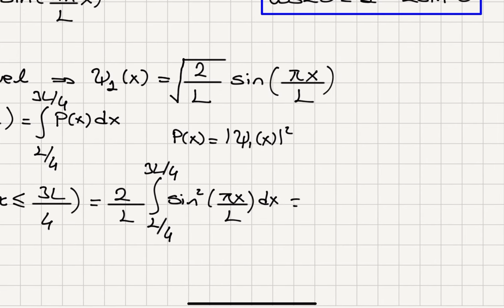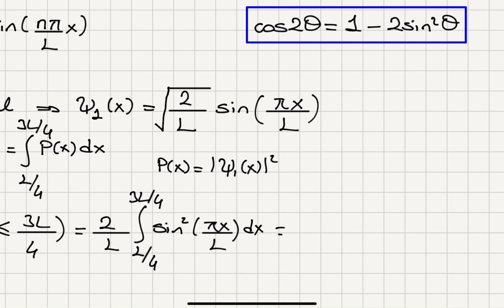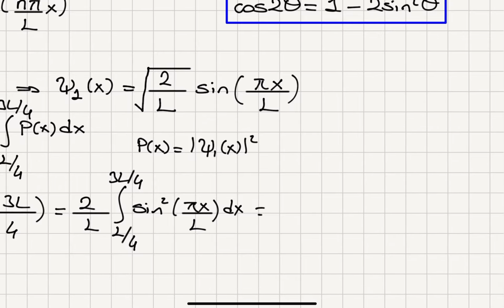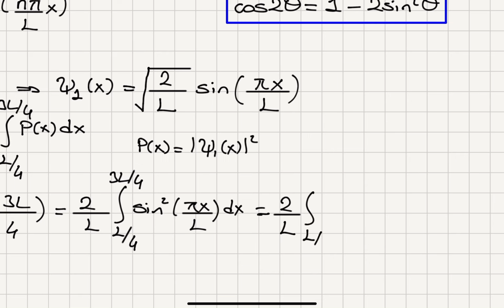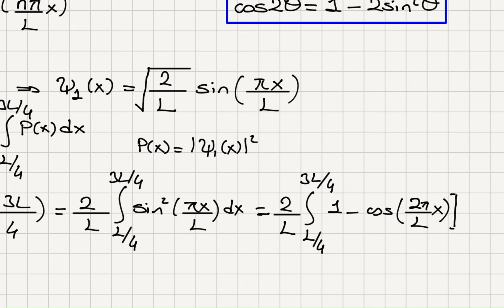Now I'm going to use this trigonometric identity again. So this is going to be 2 over capital L, integral from capital L over 4 to 3 capital L over 4, of 1 minus cosine of 2 pi over capital L x, dx.